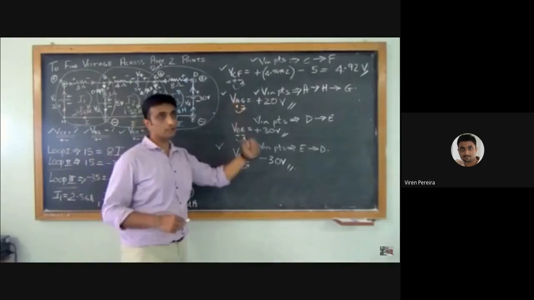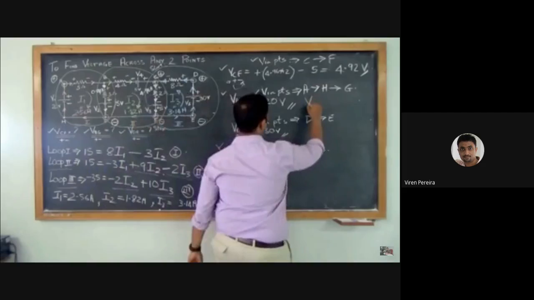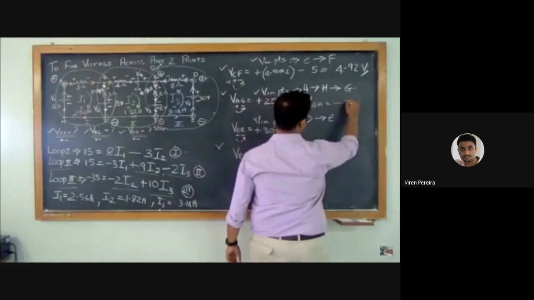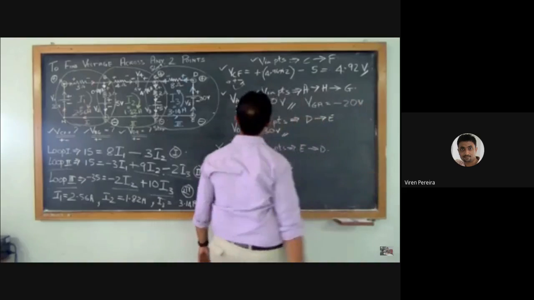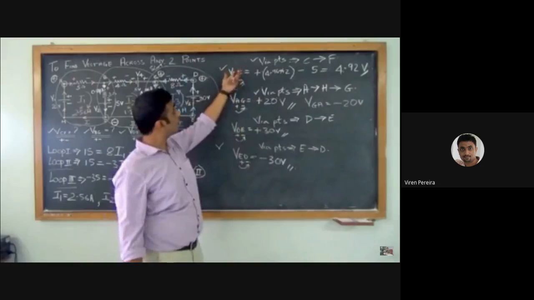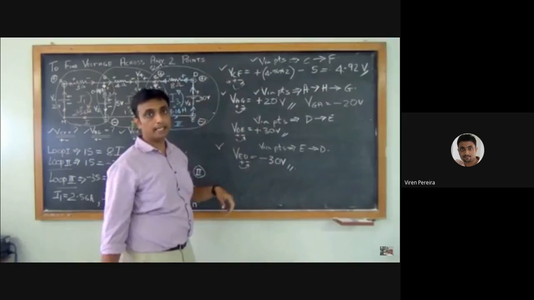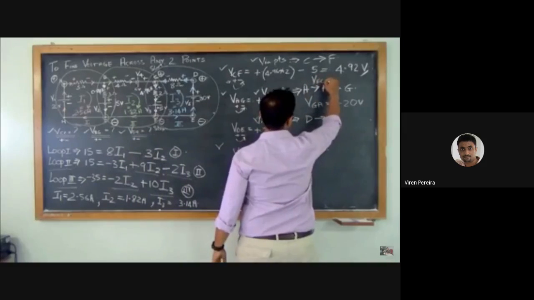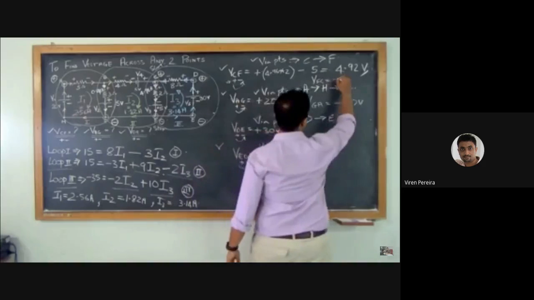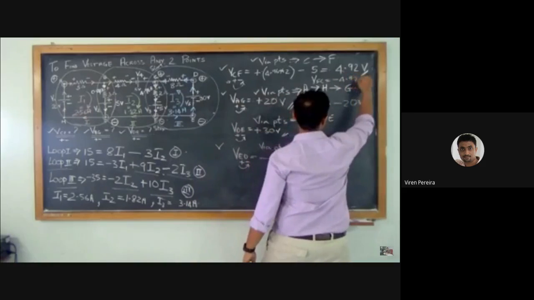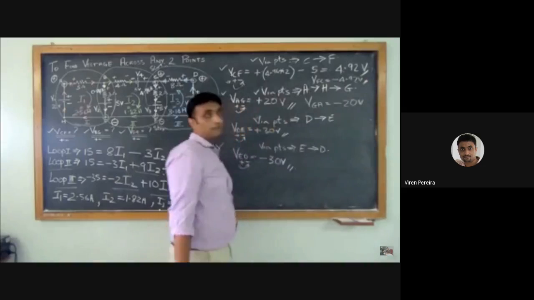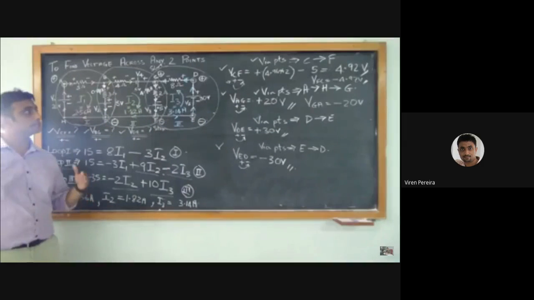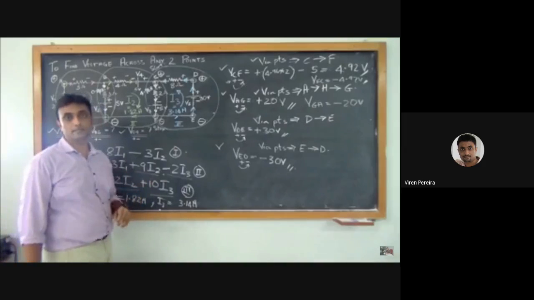If VAG equals to 20 volts, then VGA will be equal to minus 20 volts. And in the same way, how we got VCF equals to 4.92 volts, my VFC will be equal to minus 4.92 volts. So what we have to remember here is the magnitudes remain the same, it's only that the polarities get reversed.